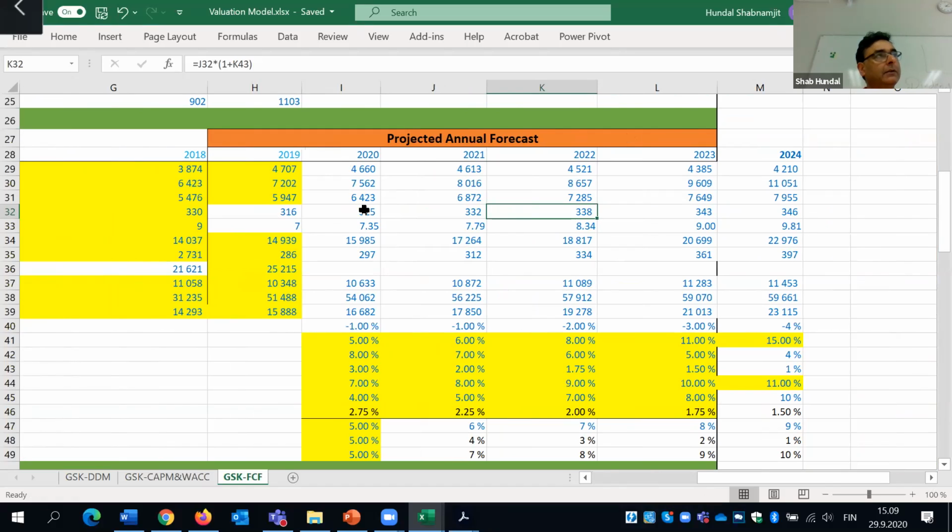Yeah, it's quite logical. Please don't just listen to me or abide by what I'm saying. See the logic. The prepaid expenses go down. So 316 is the actual, so I'm going to reduce it now to 300. Let's say 280.